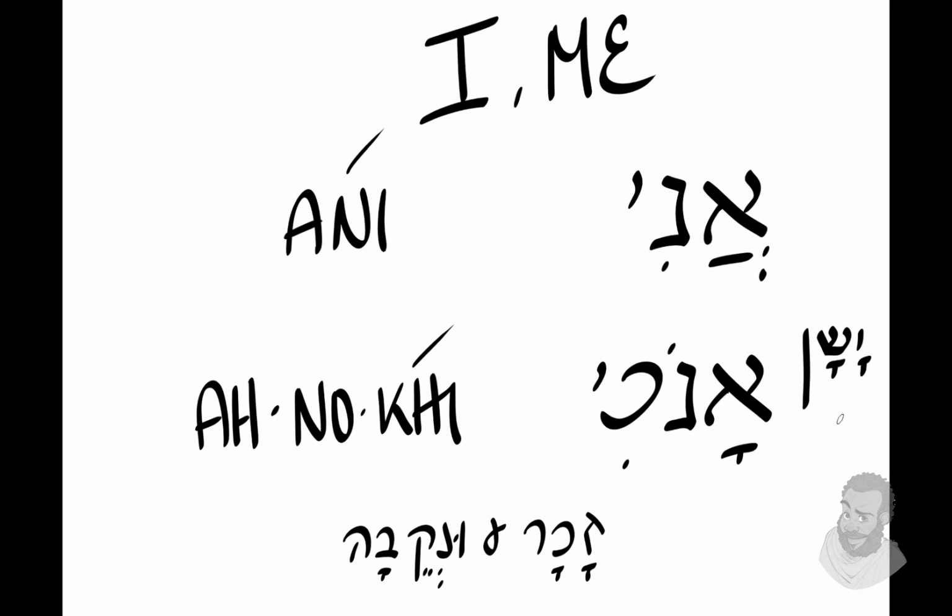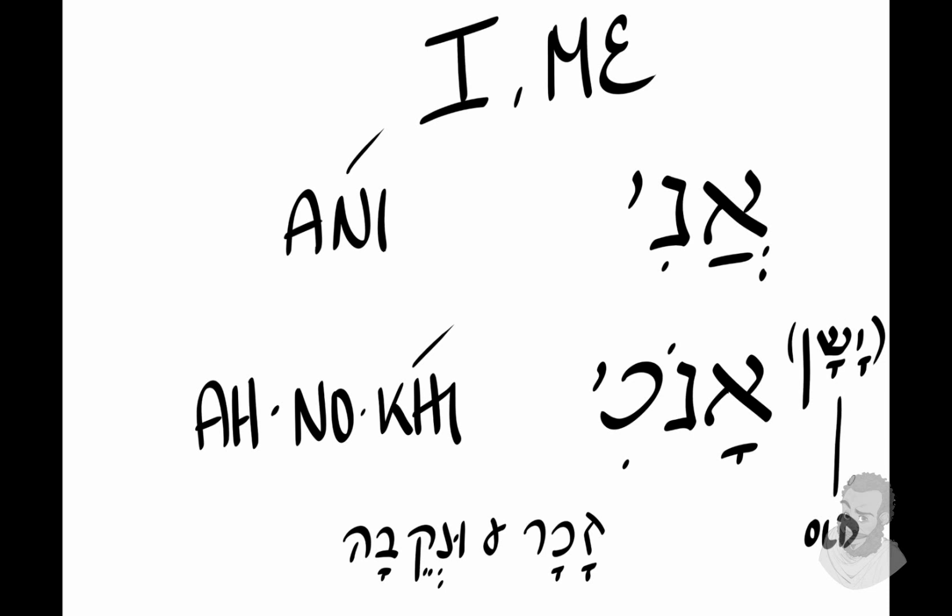Yashan. Yashan in Hebrew means old. Not as an old person, but old materials, old things. You use this word, Yashan.